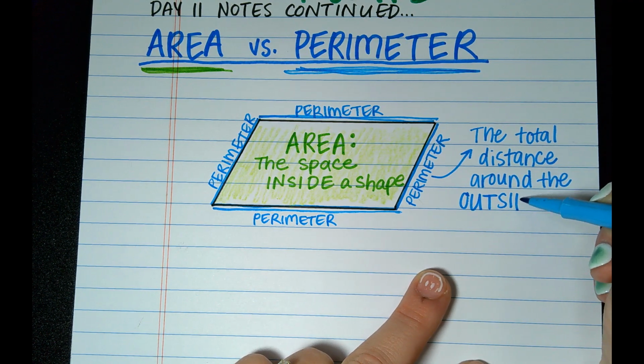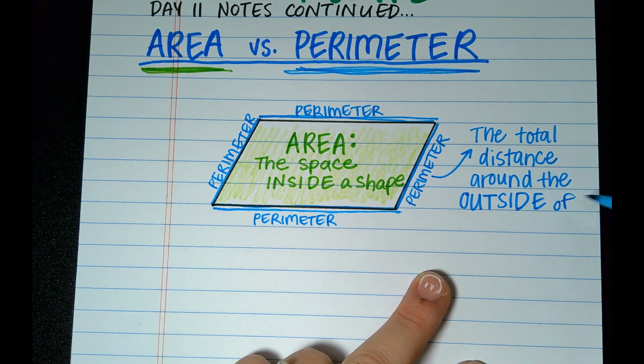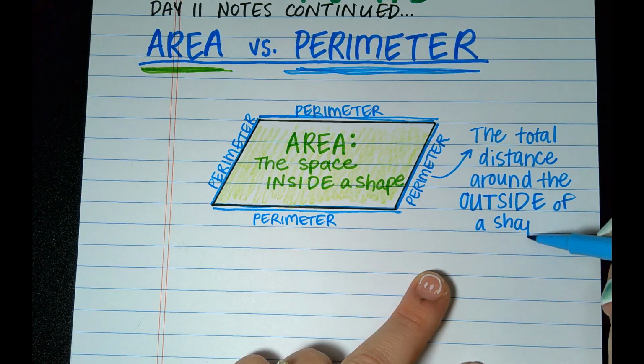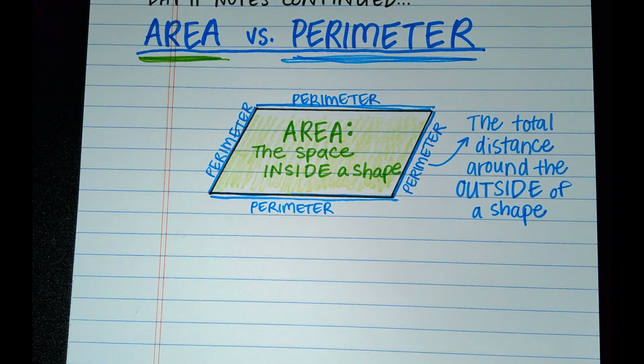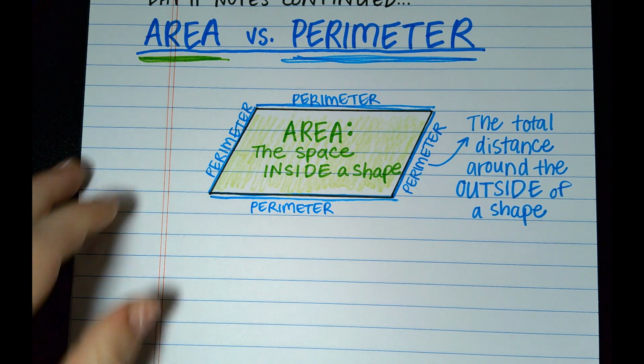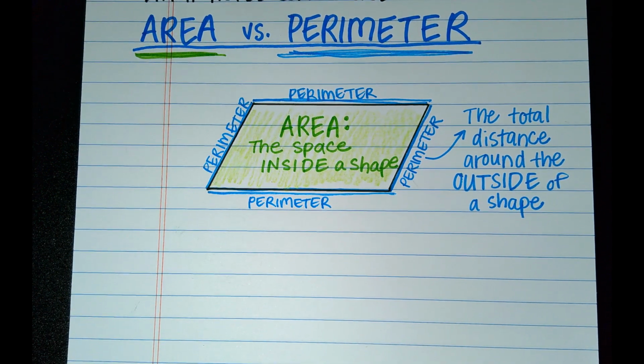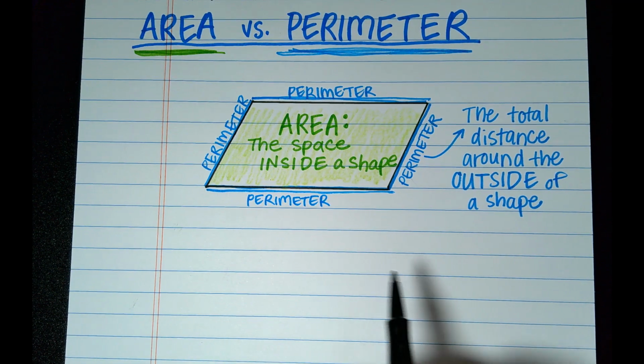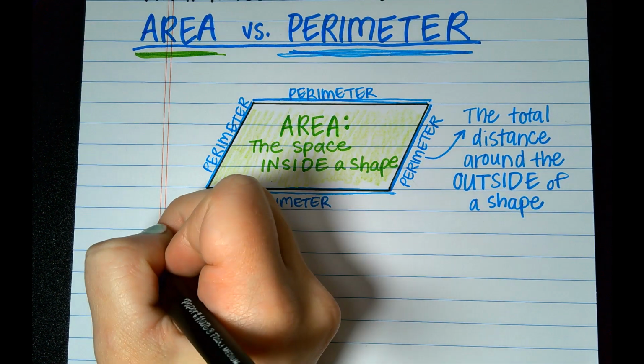And there are a few formulas that we will learn for finding perimeter and area, and it's going to make our lives a lot easier just knowing, well, here's my formula, and you can just plug numbers in and solve for things. So I'm going to give us a few examples of how we can use area and perimeter.